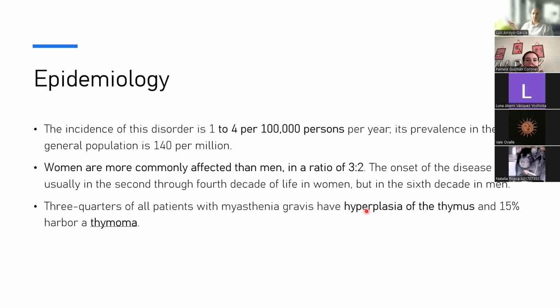Think how many muscles we have, how many receptors for these nicotinic receptors we have. It's crazy the amount, right? If we have to fight with all of this from all over our body, of course there is going to be an overproduction, and it will affect the gland that produces the T cells. So this makes sense, right? Somehow.